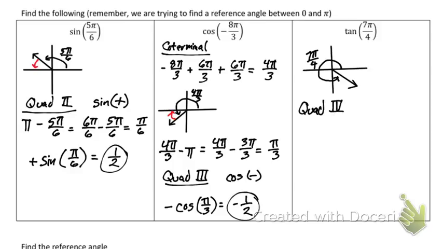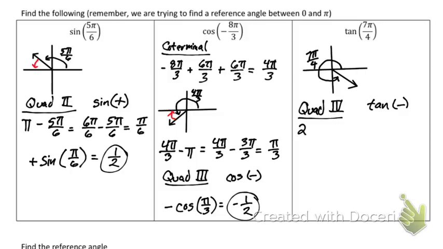Okay, it's quadrant 4 where tangent is actually negative, because as in "All Students Take Calculus," tangent is positive in 3 and 1, so it's not positive in 4. So tangent is negative in quadrant 4. My reference angle, all we have to do is take 360 and subtract the angle.